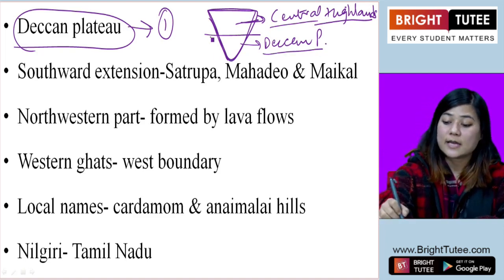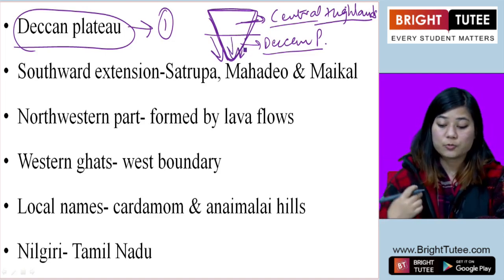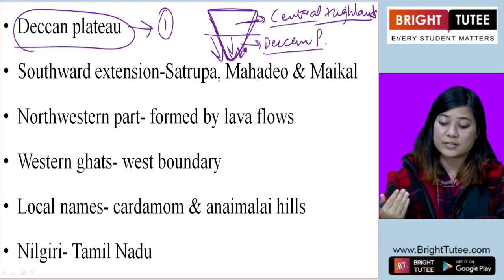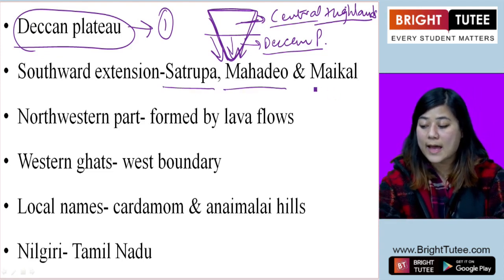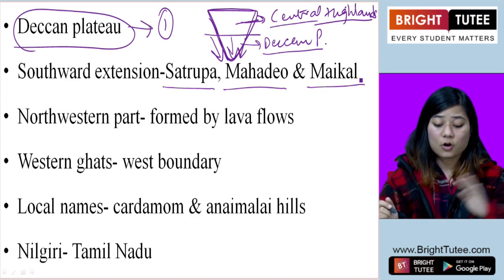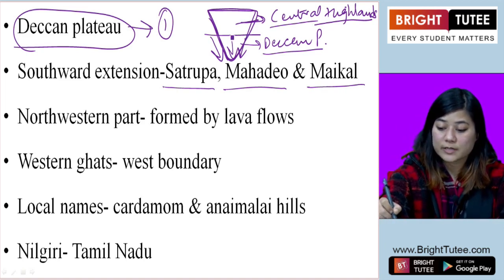It stretches towards the south, and there are some hilly ranges, called Satpura, Mahadev and Maikal ranges.